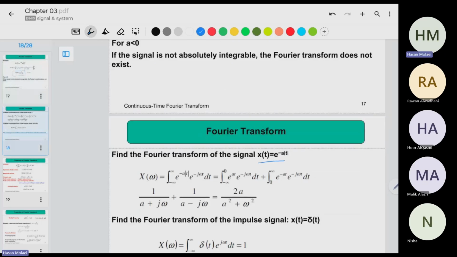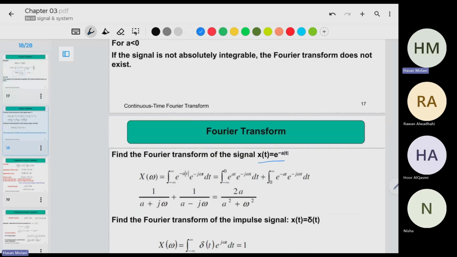E to the power of minus a absolute value of t. I should break this absolute value into positive and negative sides. Minus infinity to 0: t should change to minus t, and I have another negative here, so it should be positive.